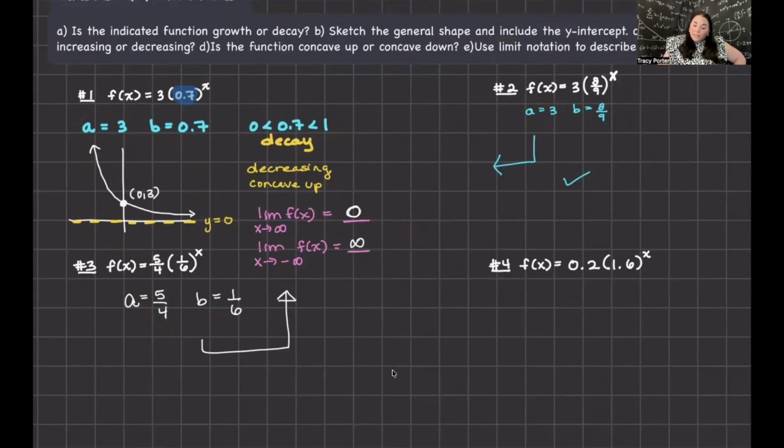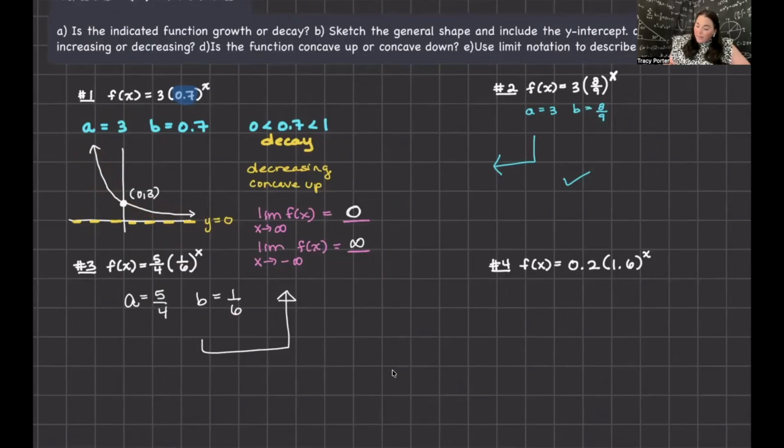Okay, so if you wanted to see the difference of what the A value is doing, it's just affecting the steepness. It could be decreasing faster, or it could be decreasing slower, depending on that A value. So you could play in Desmos and change the A values and see how that affects the steepness of the graph.